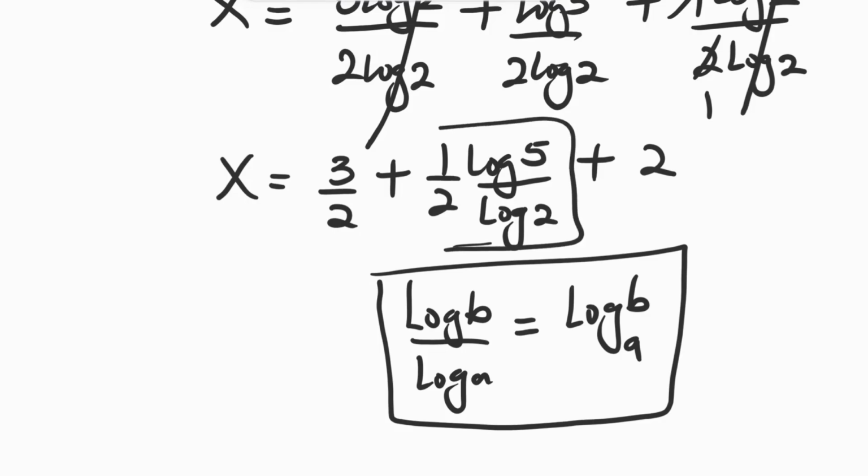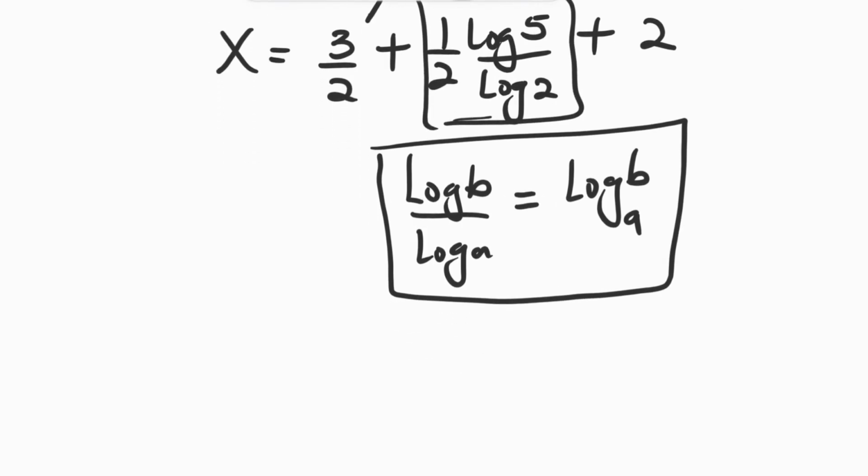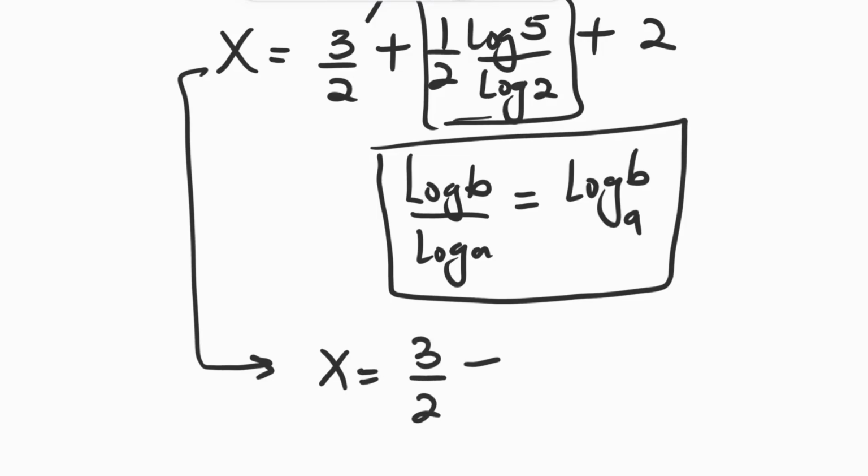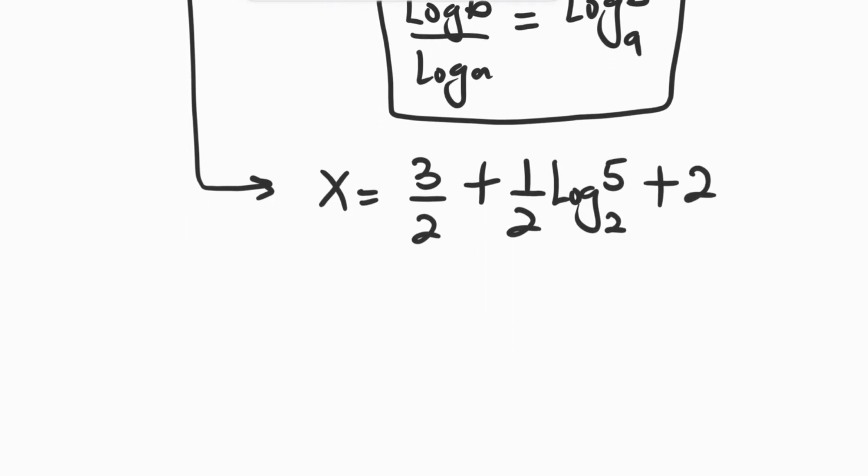And so this value here now becomes x equals 3 over 2 plus half log of 5 base 2 plus 2.